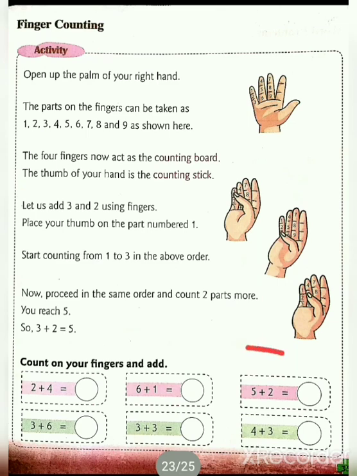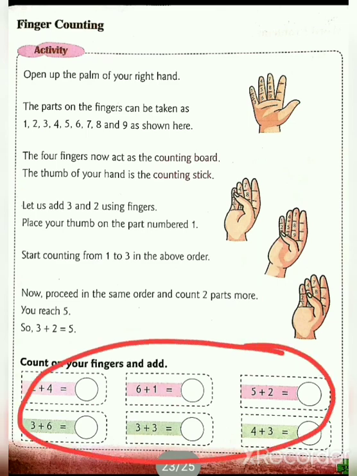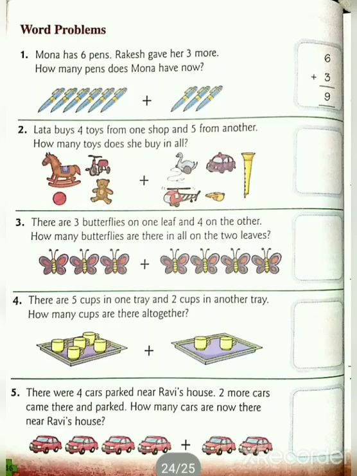Here some questions are given that you will complete in your book. Here you can see some word problems are given. One is already done for you, that is the first one. Second, Lata buys 4 toys from one shop and 5 from another. How many toys does she buy in all?